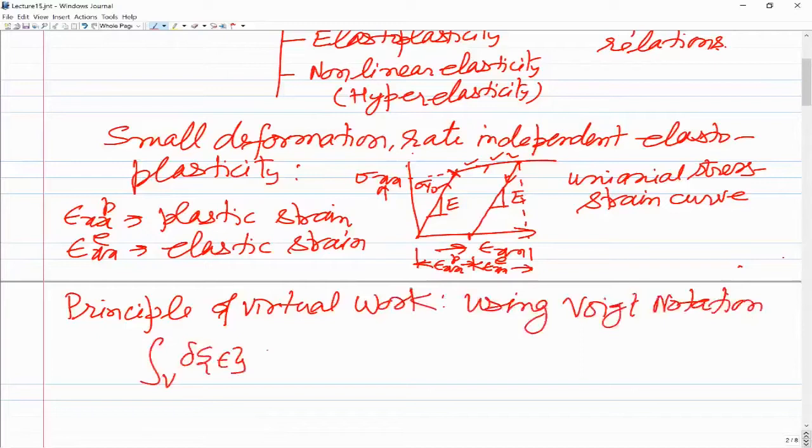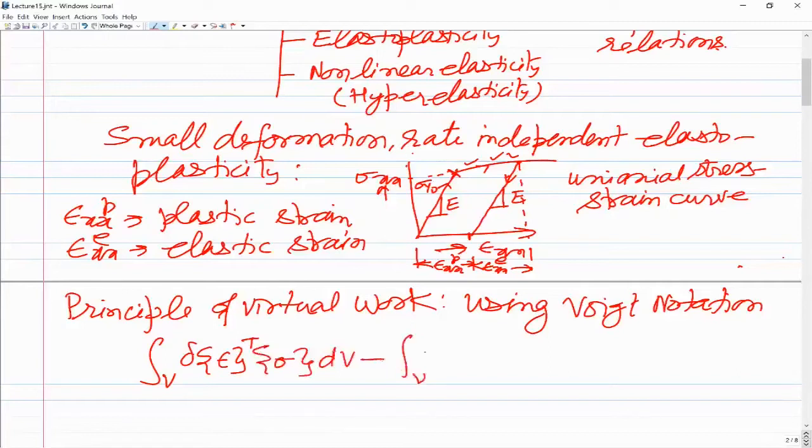Strain has 6 components, and similarly stress has 6 components. So this is the internal virtual work of stresses, minus the virtual work of externally applied forces. There can be body forces and surface forces.